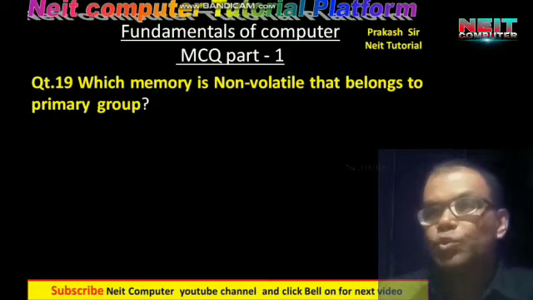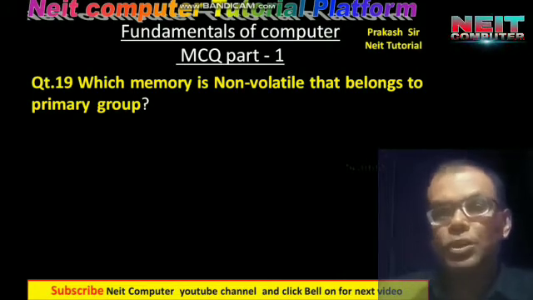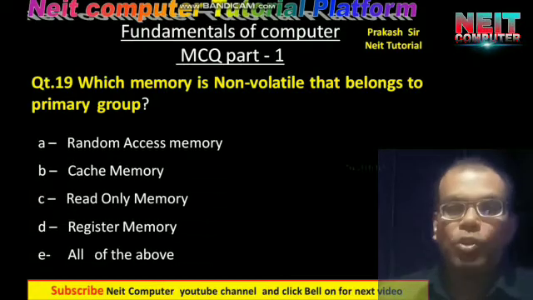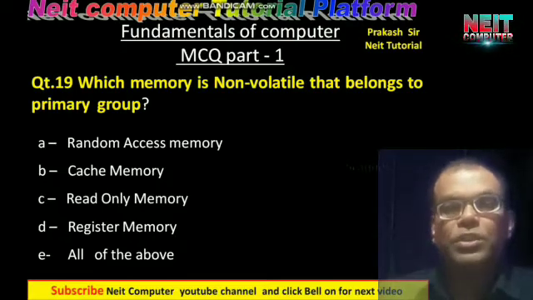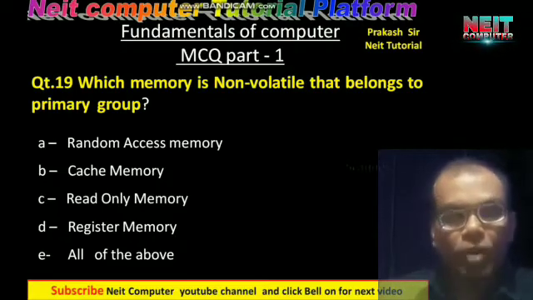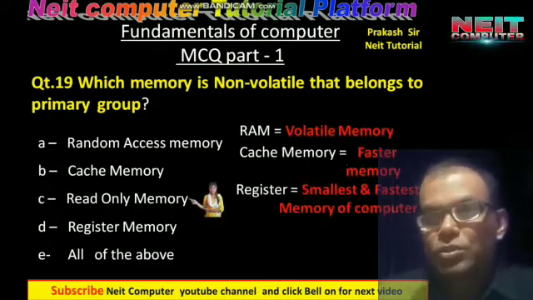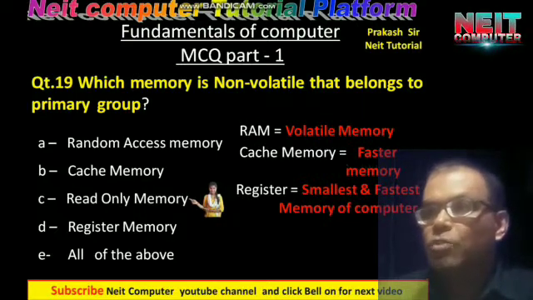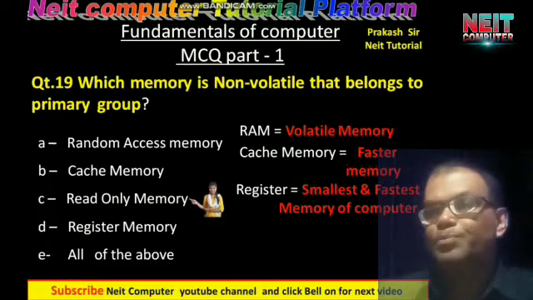The next question is, which memory is non-volatile and belongs to the primary memory group? केउ memory को आमे non-volatile बोली कहिबा. The point is about volatile and non-volatile. Volatile means the memory that loses data, and non-volatile means the memory that does not lose data. The correct answer is read-only memory, because random access memory is volatile, as it loses data after switching off the computer.